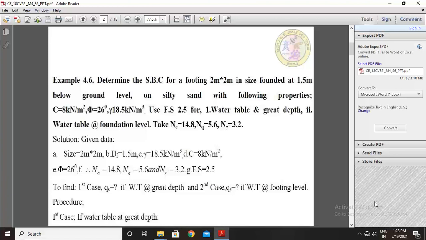So here 2 cases are there to solve SBC. So this problem is with water tables. Procedure. First case, if water table at great depth, then how to solve SBC?